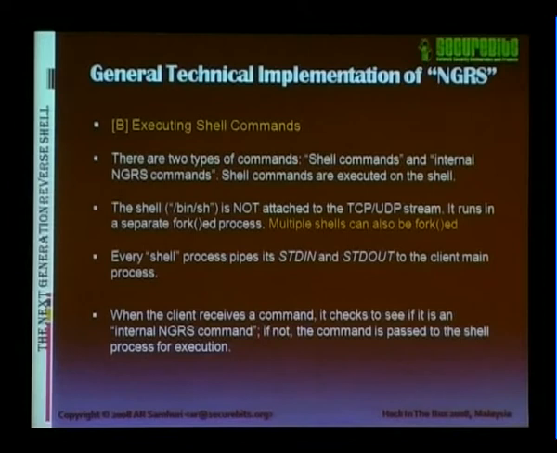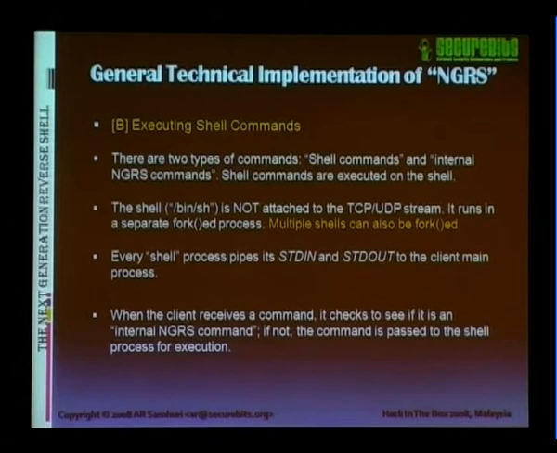Now, let's talk about how commands are executed on the client. In the first example I showed you, the netcat example, netcat attaches the shell process to the TCP stream. So the standard input and standard output of the shell are actually the input and output of the network socket itself.